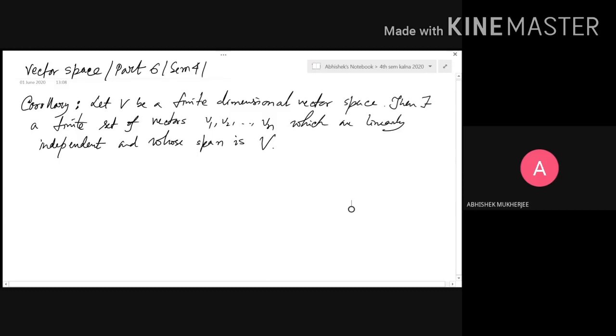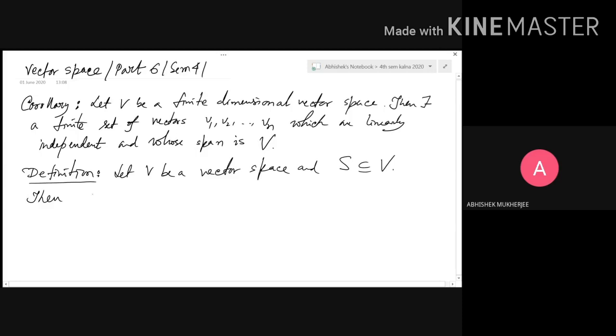The definition looks like this: let V be a vector space and A be any subset of V.